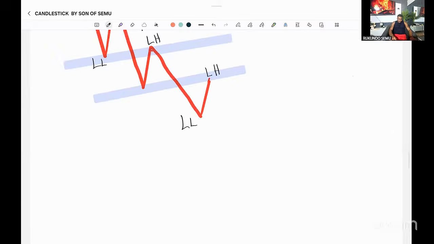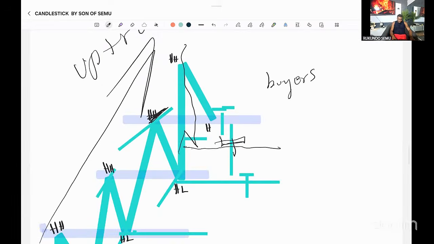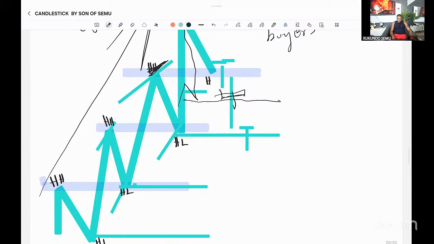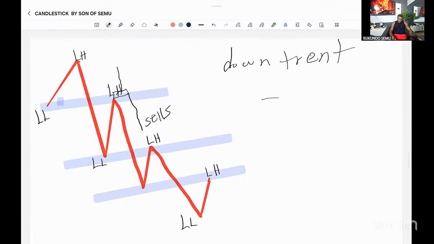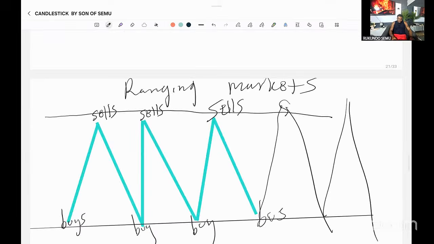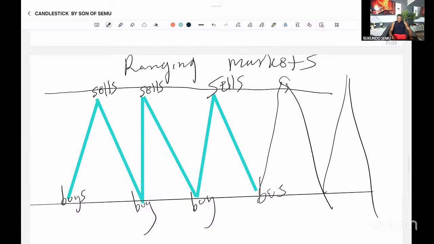Then we talked about the nature of the market. If the market is going up, we look for buys. If the market is going down, we look for sales. In a ranging market, we look for both buys and sales.